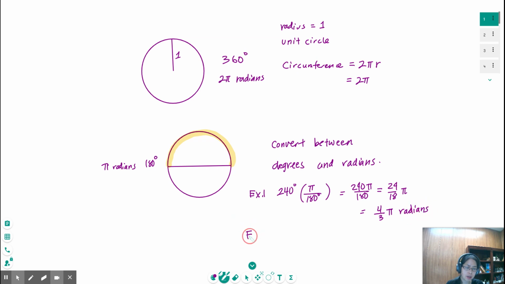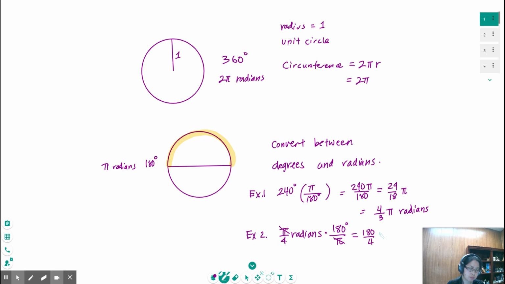We can also go the other way. And we can start with pi. So for example, we could start with pi over 4. And we are in radians. So we can multiply by 180 degrees over pi. And this time, this is 180 over 4.